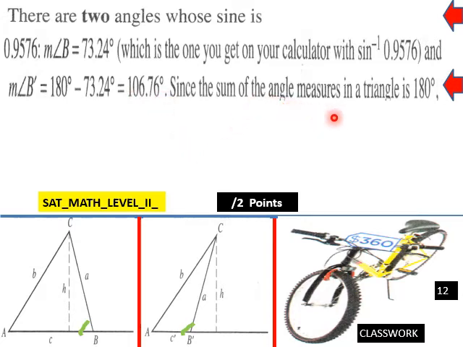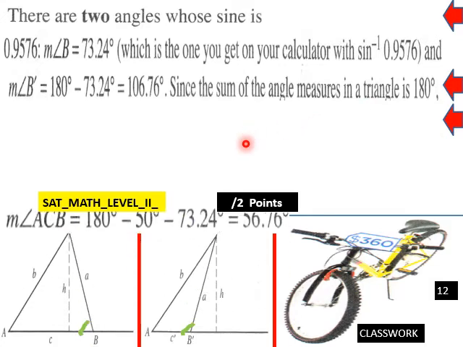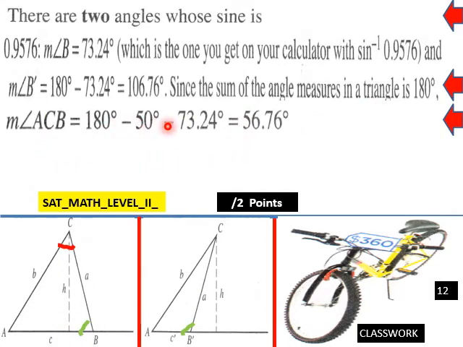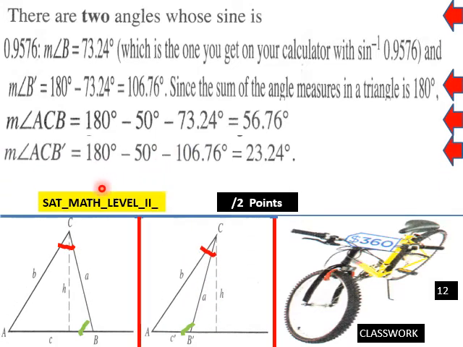Since the sum of the angle measures in the triangle is 180, this measure here is 180 minus 50 minus 73.24, which comes out to 56.76. And for this angle here, the measure of angle ACB tilde will equal 180 minus 50 minus 106.76, which is 23.24 degrees.